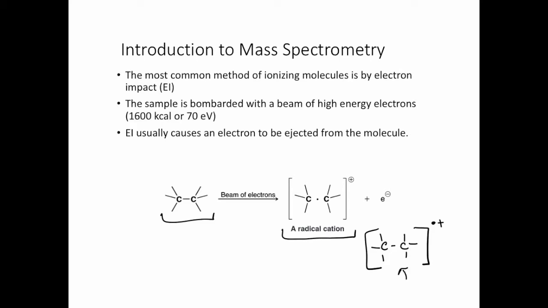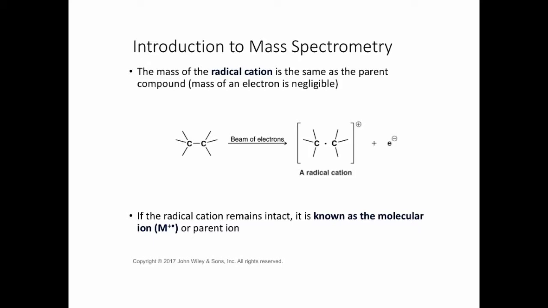The mass of the radical cation that's initially formed is the same as the parent compound because the mass of an electron is very, very tiny, so it's essentially negligible. Therefore, if we can determine the mass of the radical cation, we can determine the mass of our compound.